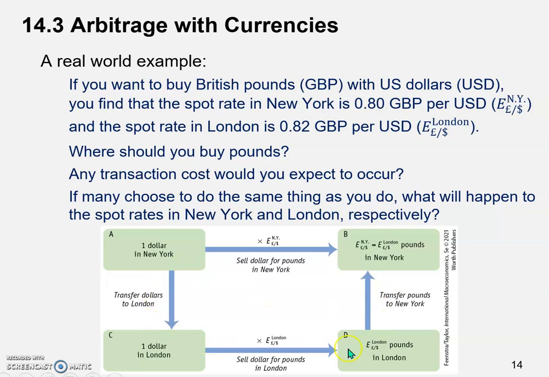This is the indirect path, or indirect exchange. If you can find any difference in the prices between these two transactions, people would choose the better deal. If many are doing that, then eventually we should see the same rate between these two. In other words, there won't be any price difference.